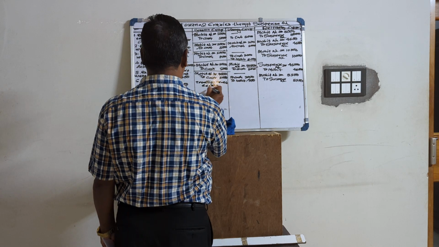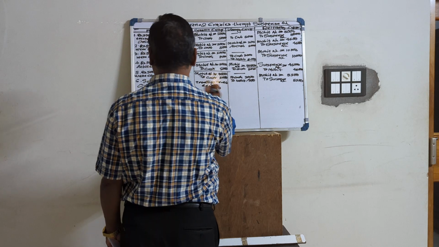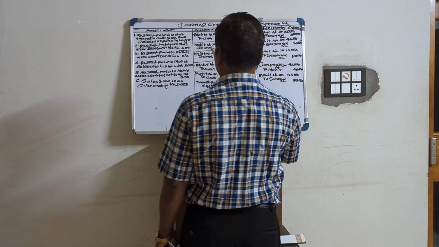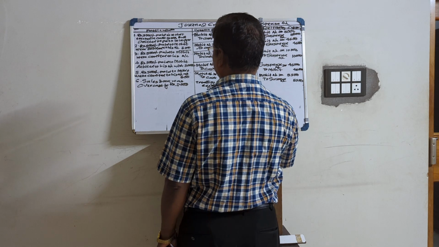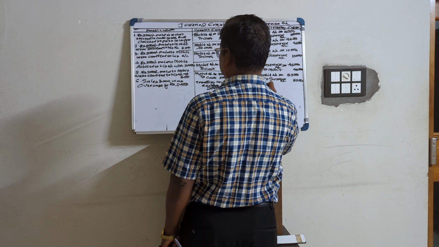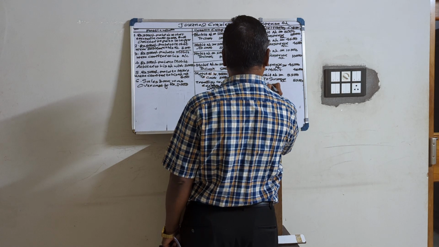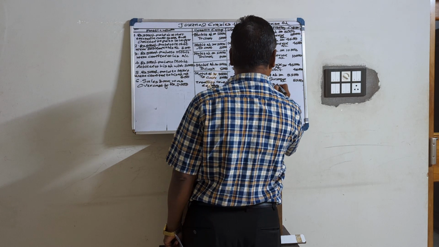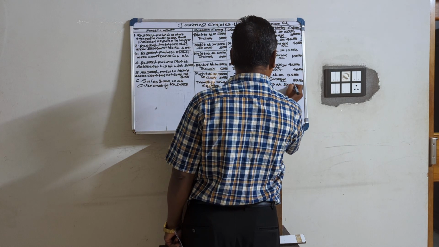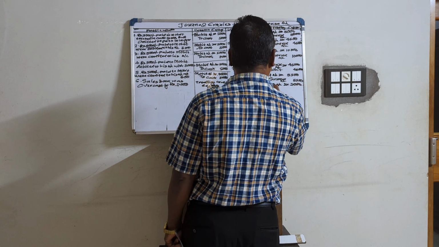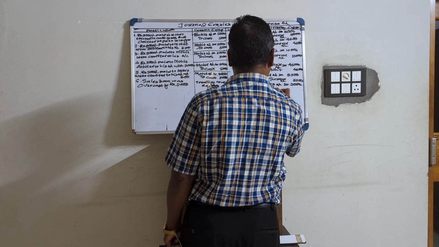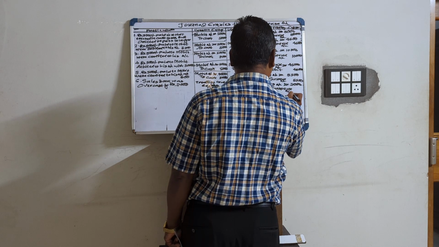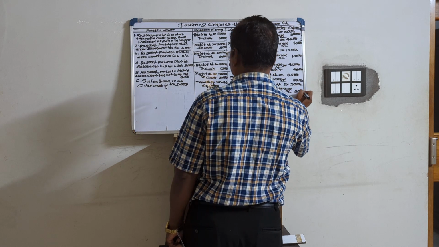So the rectification entry is sales account debited. It is overcast, so sales account debited 2,000 to suspense account. This is a one-sided error, done while balancing the sales book.